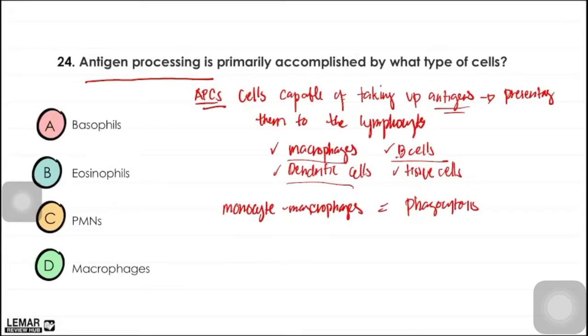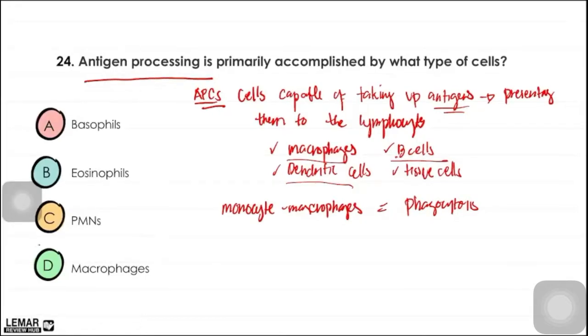The presentation is done by integrating it to the cell membrane, displaying it attached to an MHC class II molecule. This would indicate to other WBCs that the macrophage is not a pathogen, despite having antigen on its surface. So we have naman basophils.